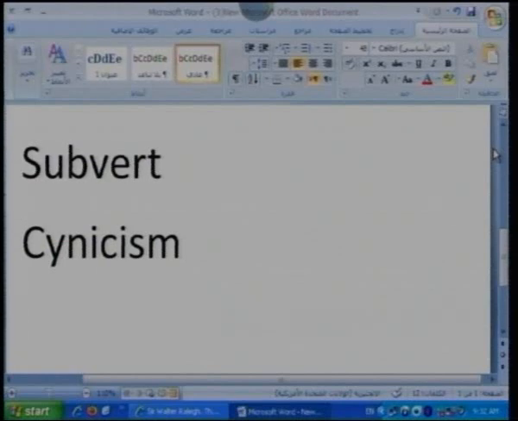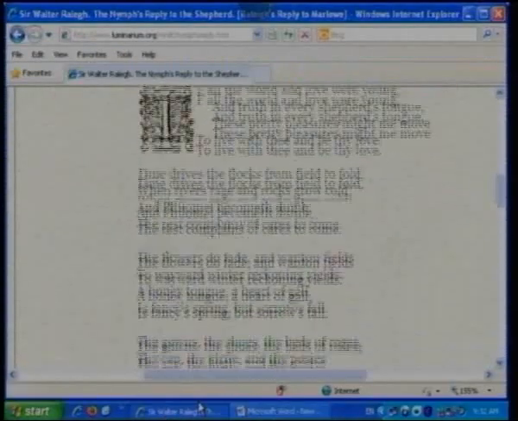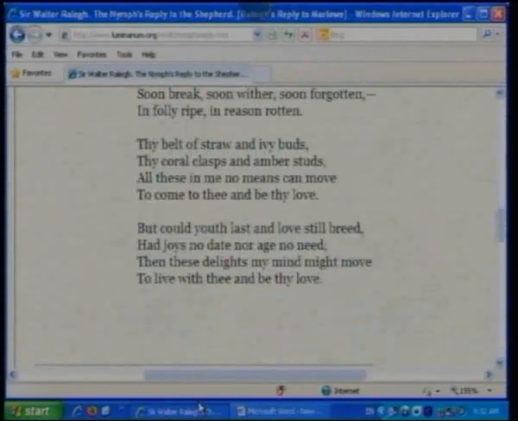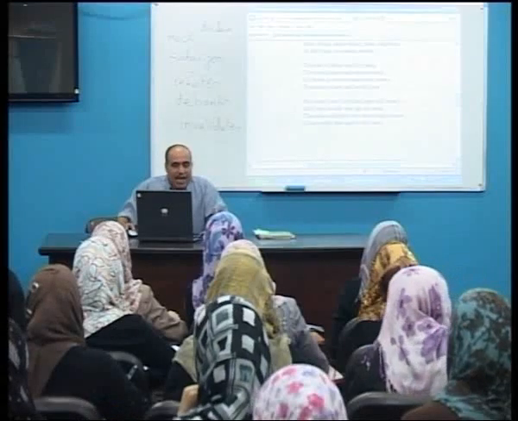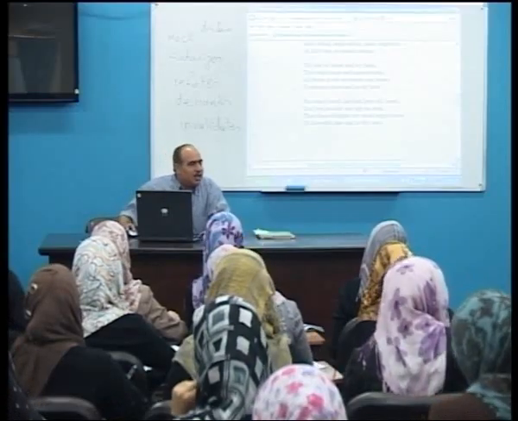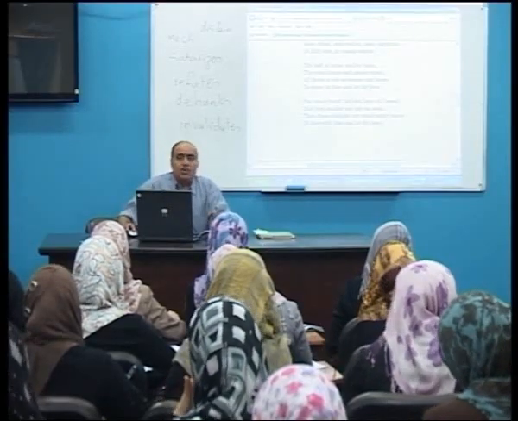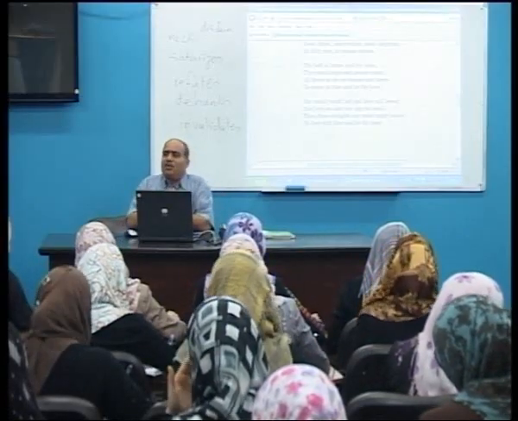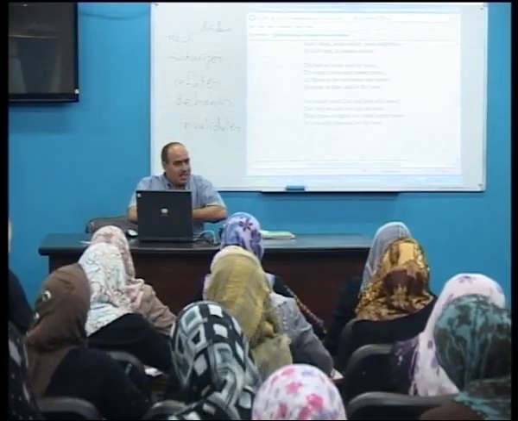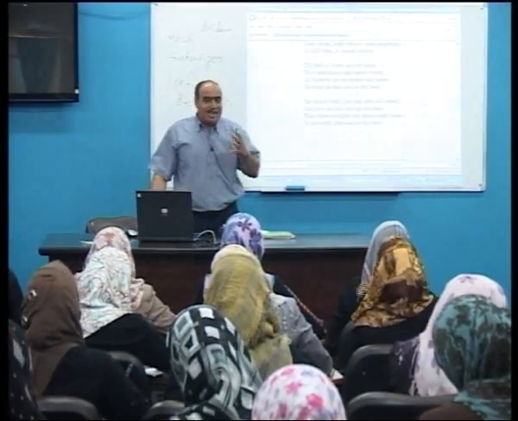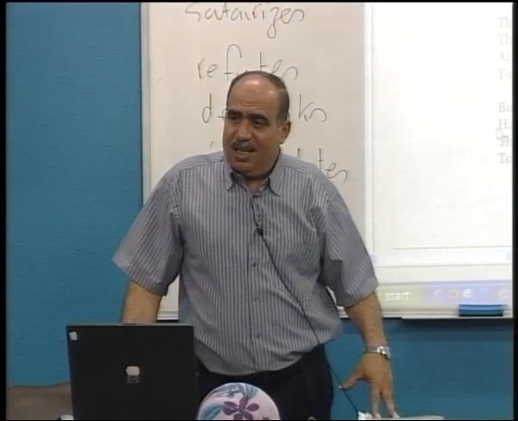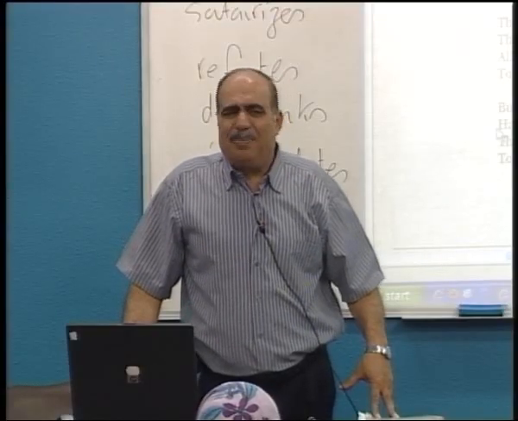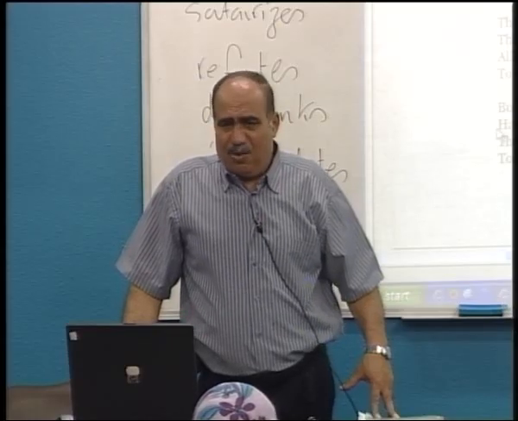So by using if, and again, could. If you look at the end, but could youth last and love still breed? Had joys. Again here, we have the conditional. So the poem begins with the conditional and ends with the conditional. And the conditional has to do with the attitude of cynicism. So we could easily say Raleigh is skeptical, doesn't believe Marlowe.